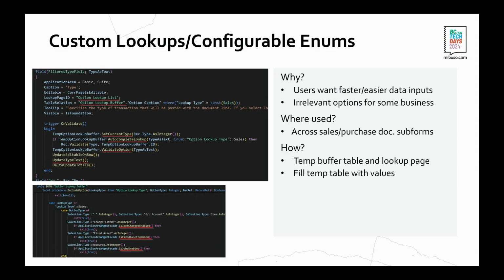And as you can see, values like Item and G/L Account are always there, but values like Item Charge, Resource, and Fixed Asset are added just in case they are in use in the system. So the purpose of this change was to eliminate the values which are not in use.